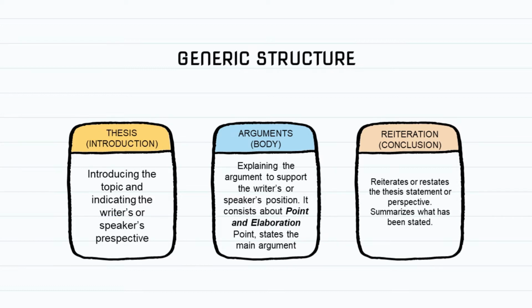And here you will explain the arguments to support your thesis. It consists of point and elaboration. That's the main argument. And the last one is conclusion or reiteration. Here, you will restate your thesis statement or perspective, or you can summarize what has been stated.